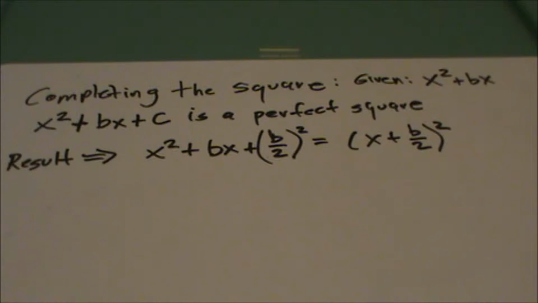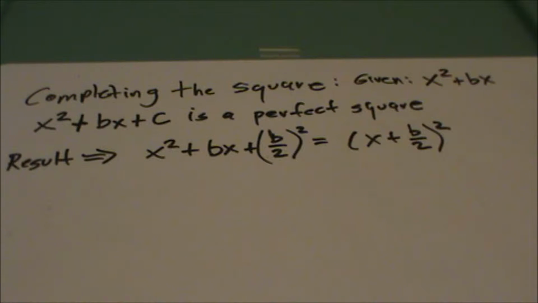Given the quadratic expression in the form x squared plus bx, I want to demonstrate a few examples of completing the square. As you see, this is the given format when completing the square.